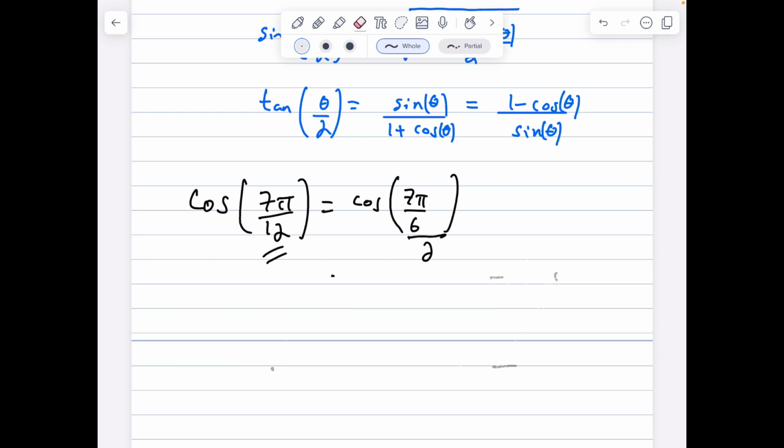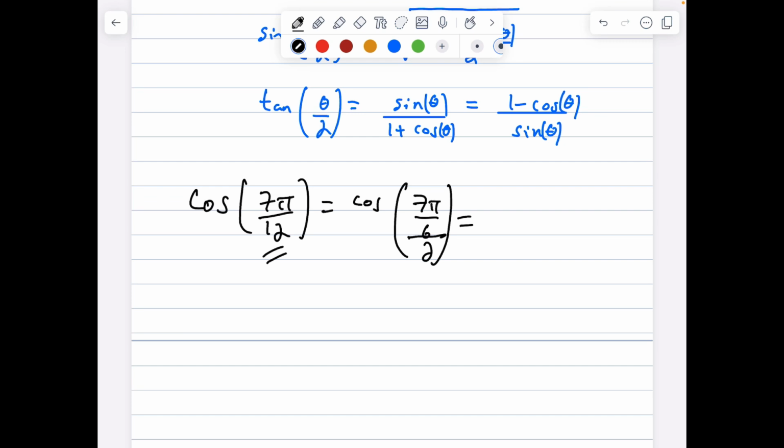Okay, and that's one of the big complications with these types of problems. So you take the angle that you divide by 2 to get 7 pi over 12, and just write it out as such, 7 pi over 6 over 2. Now, the difficulty is getting that angle a lot of the time.